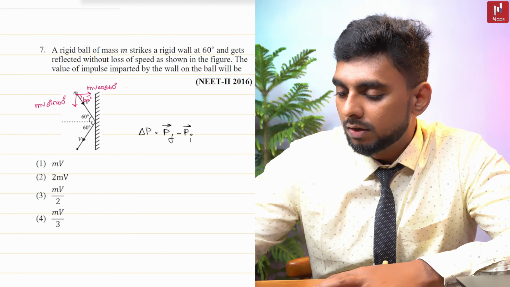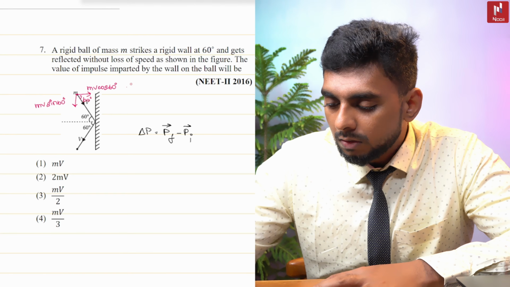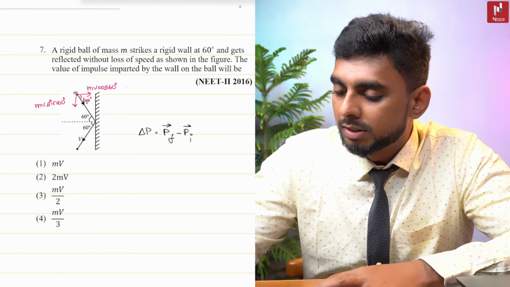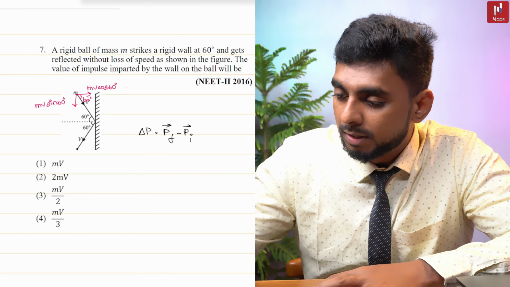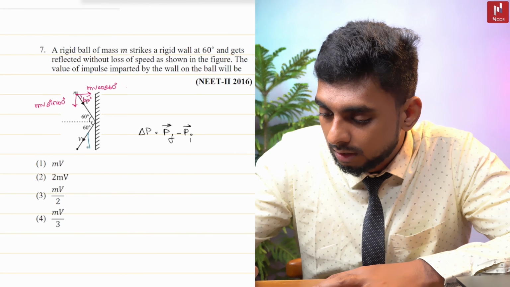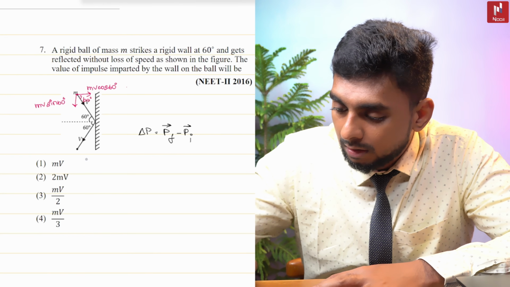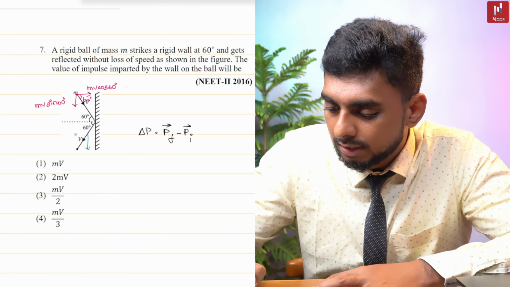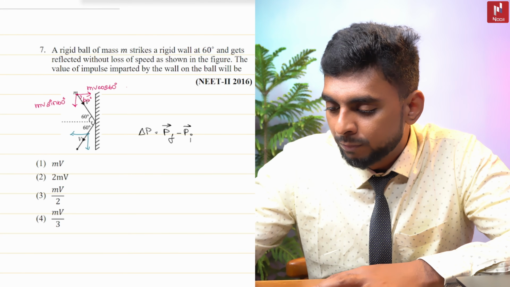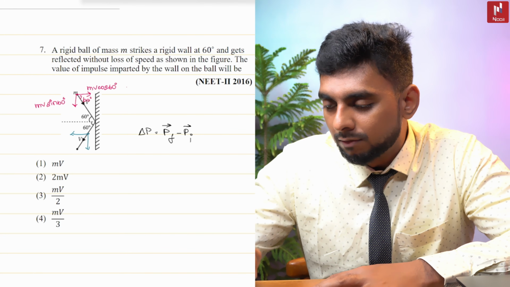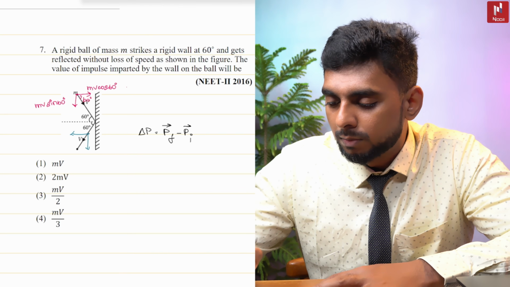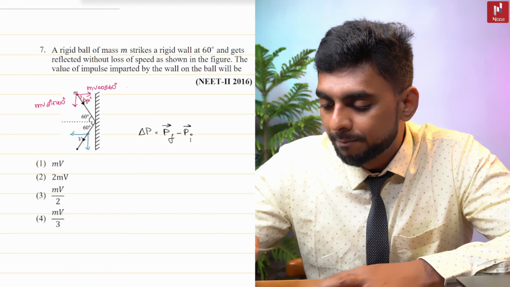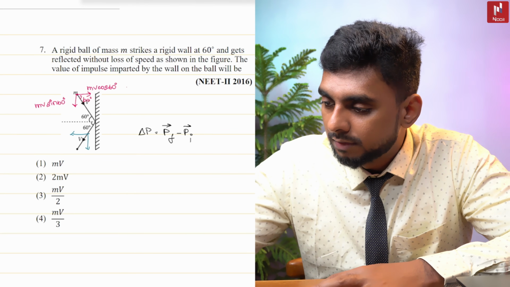Then you have the final momentum that I need to find over here. The final momentum will have this kind of splitting. This component will be my x component, and this one will be the y component, which is directed downwards, and the x component will be opposite to that of the initial momentum direction. Here, first let me plug in the 60 degrees.